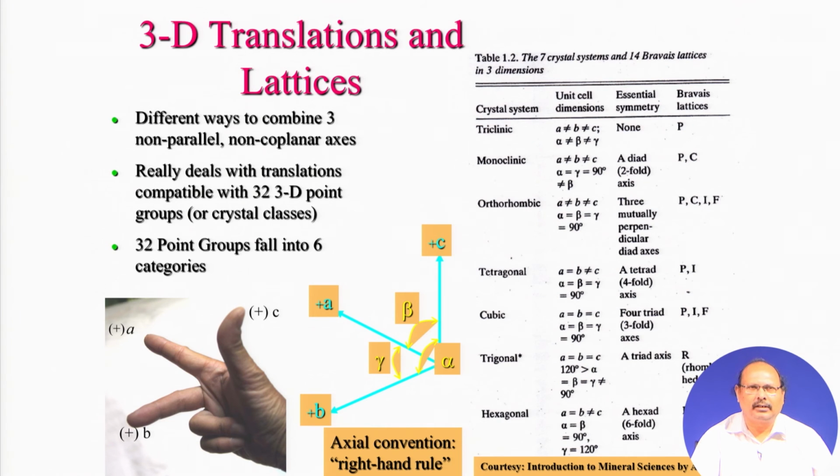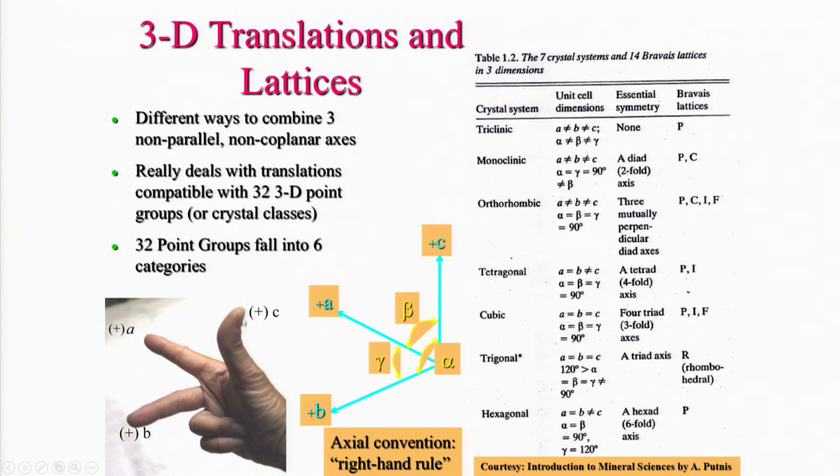We call them space or Bravais lattices. So, what you have here? You have the convention of A, B and C crystallographic axes, which we already have considered.